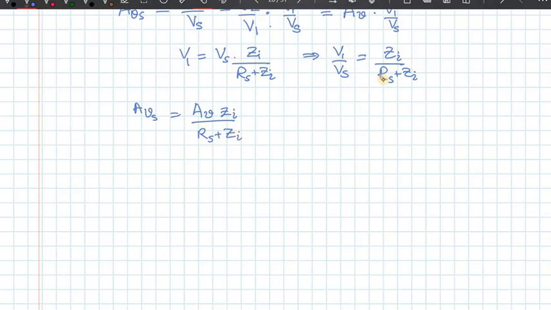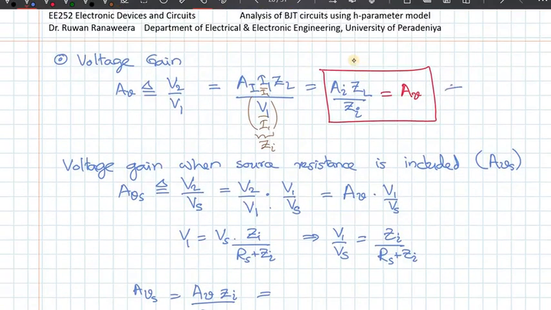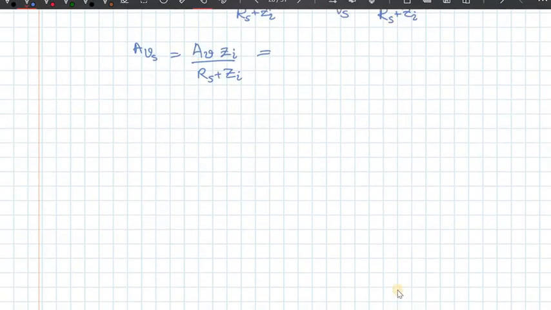From the voltage gain equation I can represent this also differently. The Av Zi term is equal to Ai ZL, so the Av Zi term in the numerator can be represented as Ai ZL divided by Rs plus Zi.